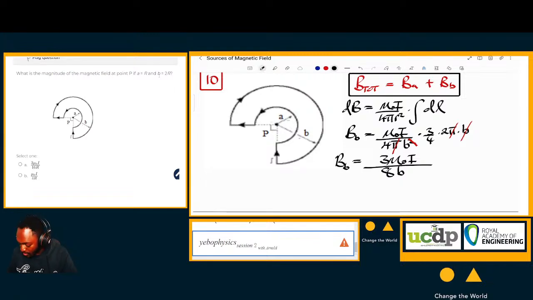And into is negative. So this is going to be negative because the thumb is pointing into the page. I hope you're able to use your right hand grip rule. The thumb will show you the direction of the magnetic field. The 4 fingers are showing the direction of flow of current.